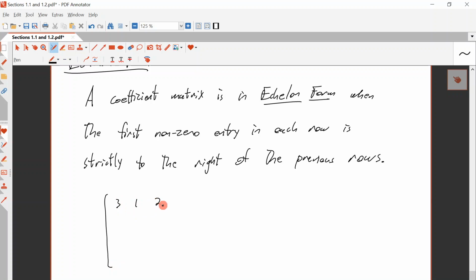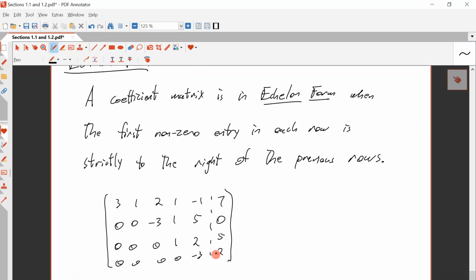So 3, 1, 2, 1, -1, 7; 0, 0, -3, 1, 5, 0; 0, 0, 0, 1, 2, 0; 0, 0, 0, 0, -3, 5, 2. So this is in echelon form.